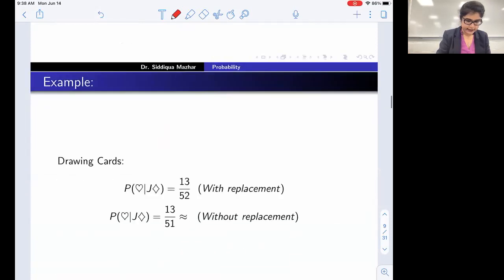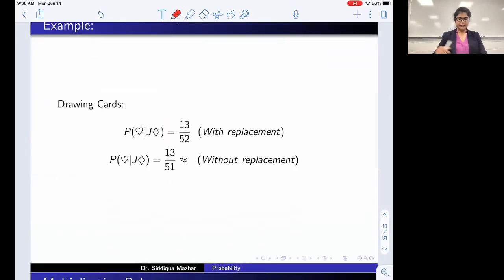So the next example, drawing cards. Again, I'm drawing cards. What is the probability of finding a heart card, given that we found the jack of diamonds? There is only one jack of diamonds in the total number of cards. I separated it. Let me see.